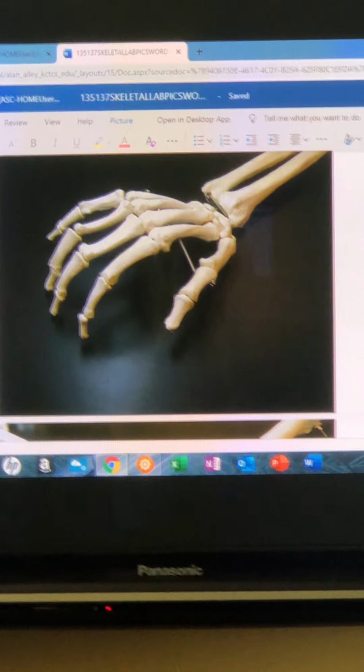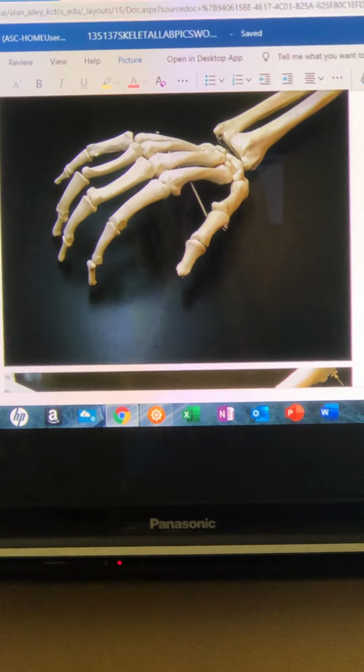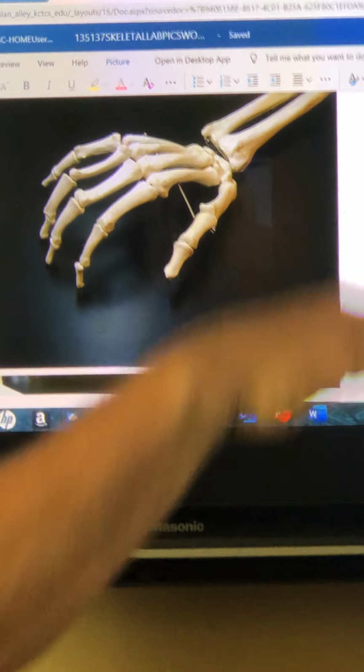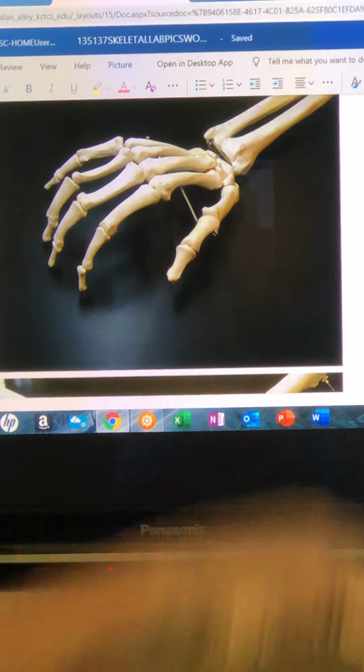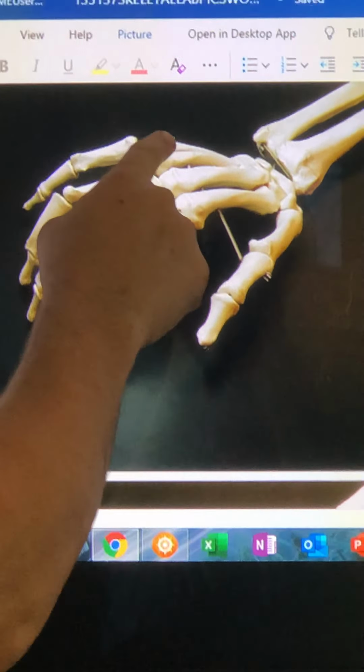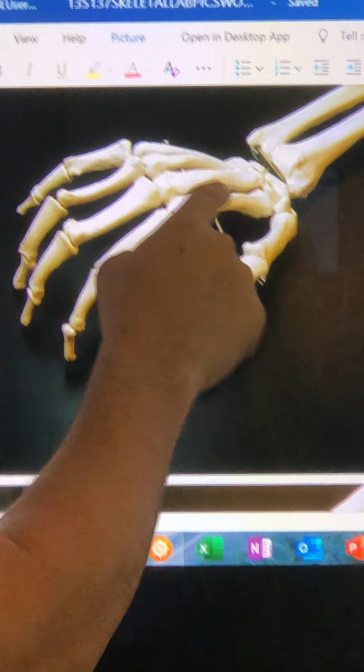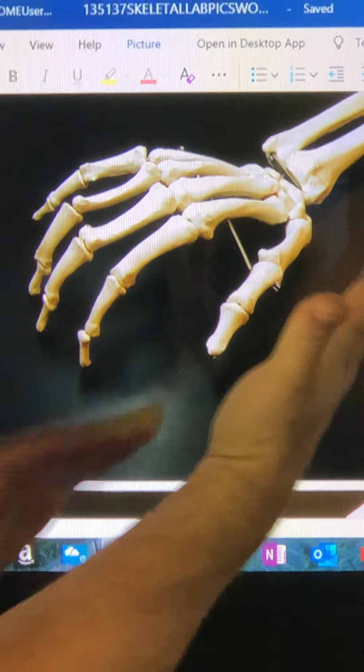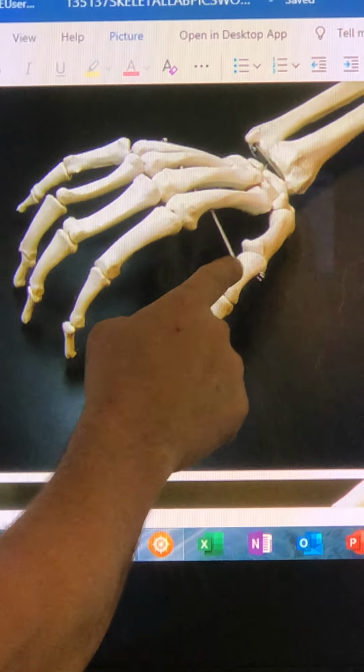And here is the hand. Okay, I love this picture. I had the skeleton's hand sitting on the desk, but then I saw these bones were all upside down through here, but we can make it work. So what you have here, this is the metacarpals, the bones of the palm. And then each finger has a proximal, a middle, and distal phalange, or you can sometimes call those a phalanx, except for the thumb.